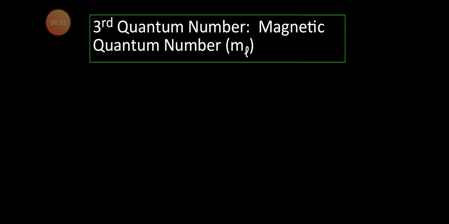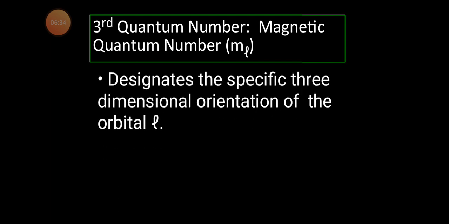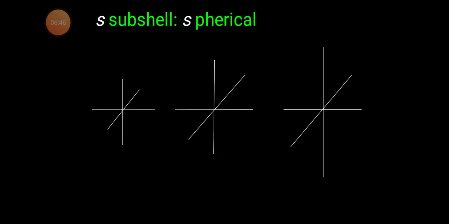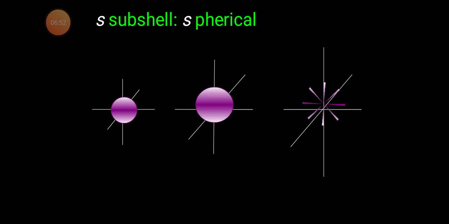Third quantum number is the magnetic quantum number, and the magnetic quantum number designates the specific three-dimensional orientation of the orbital L, which is in the three coordinates, like the 2s, 2px, 2py, 2pz. In this way, the s orbitals are spherical in shape, and we have 1s, 2s, and 3s.